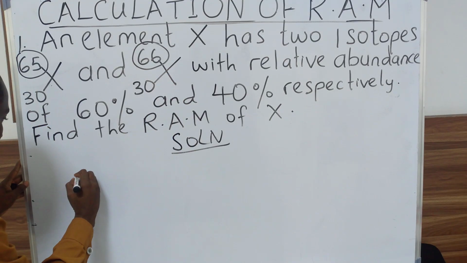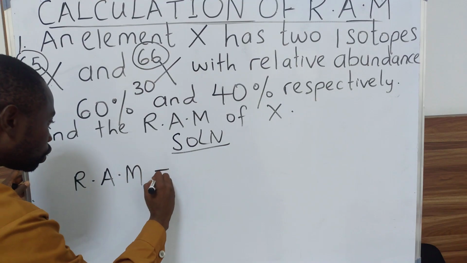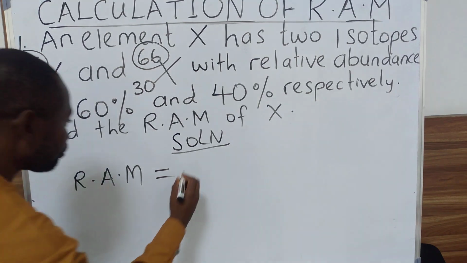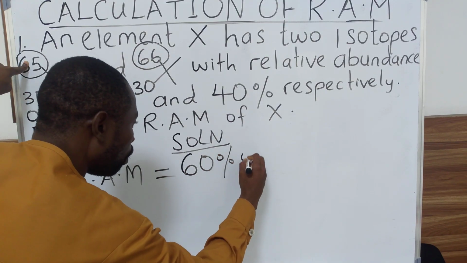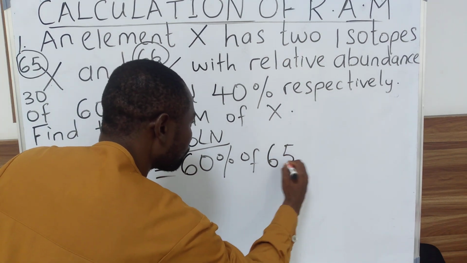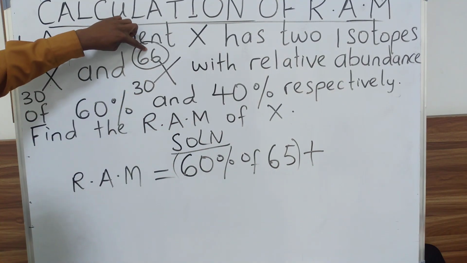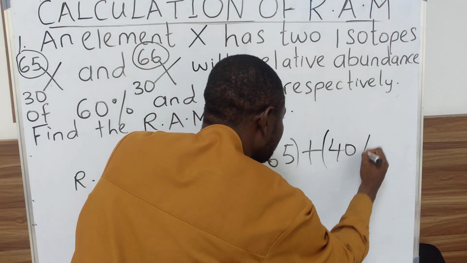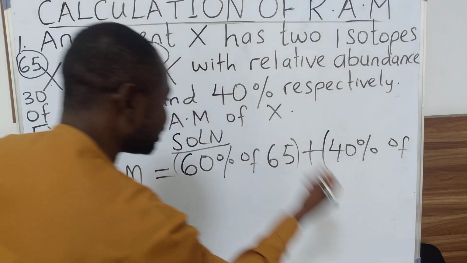So the solution is going to be 60% of 65 plus 40% of the second atomic mass, 40% of 66.